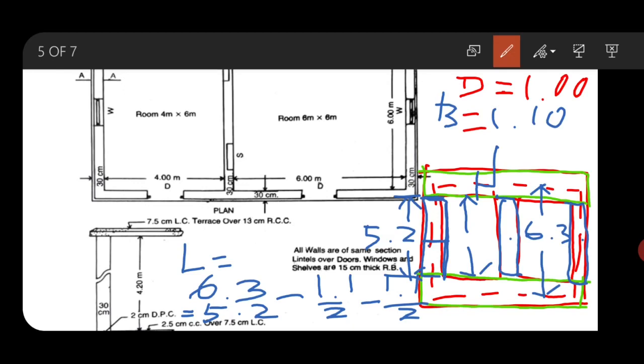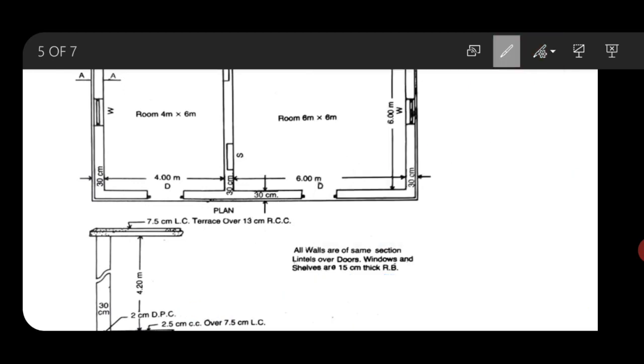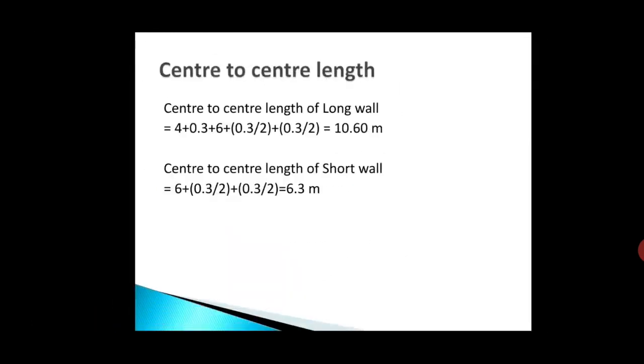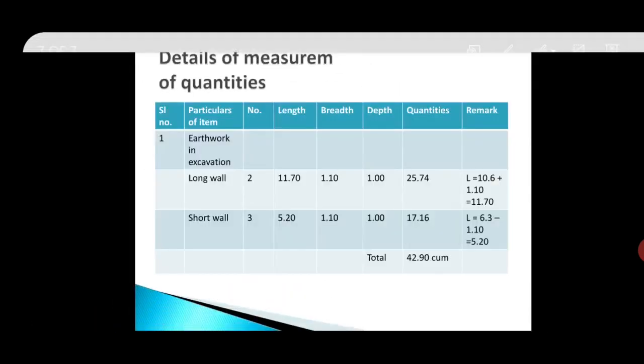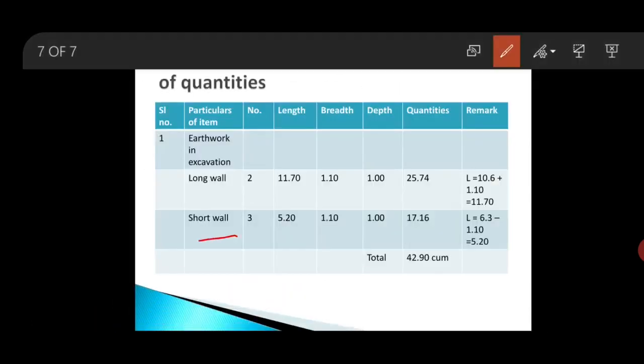Then we will move to our details of measurement form. So, in details of measurement form, see short wall number 3, length is 6.3, the center to center length, minus half breadth on both sides, that means 1.1 will be subtracted, which will give us the length as 5.2 meter, breadth is 1.1 and depth is 1.